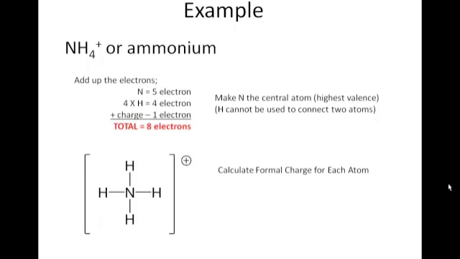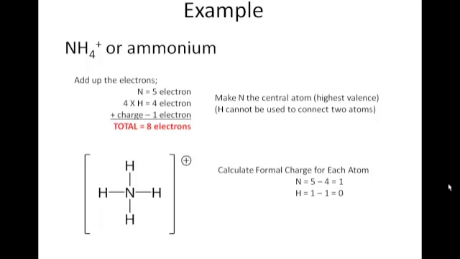So let's calculate formal charge for each of these atoms. And on nitrogen, remember we start with 5 electrons in the valence shell. We have 4 bonds. Those 4 bonds comprise 8 electrons, but I only assign half of them, because they're bonding pairs, half of them to the nitrogen, so that becomes 5 minus 4 equal to 1.